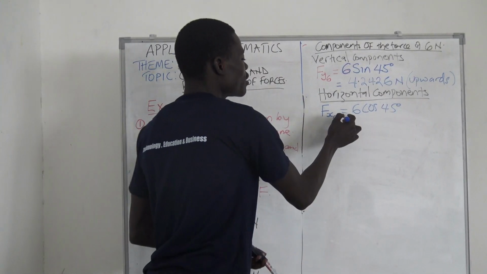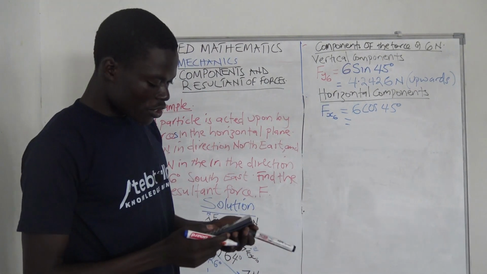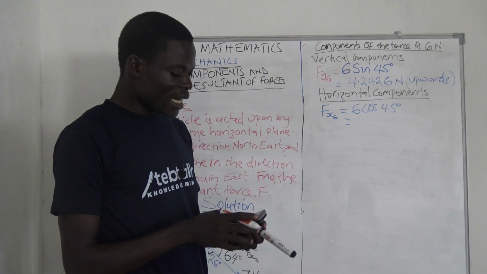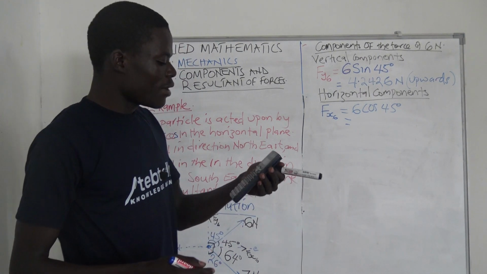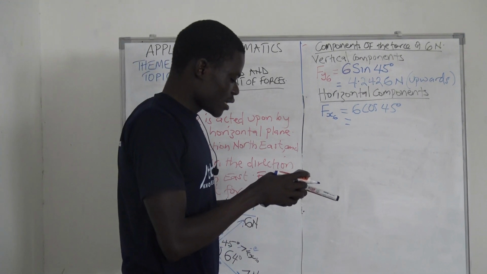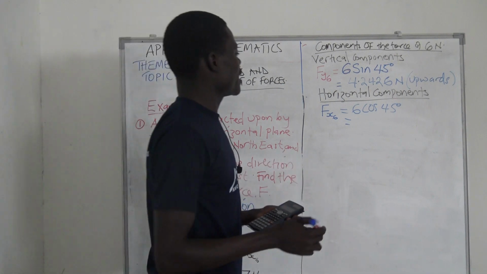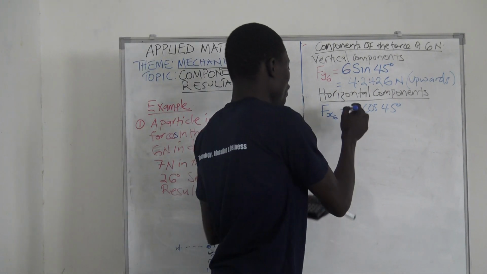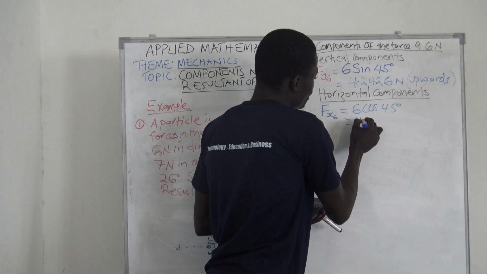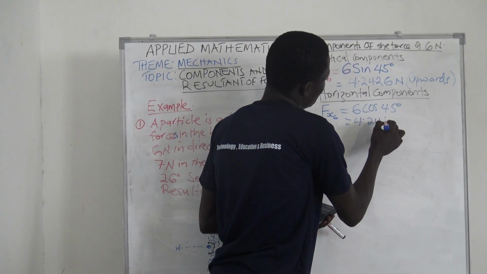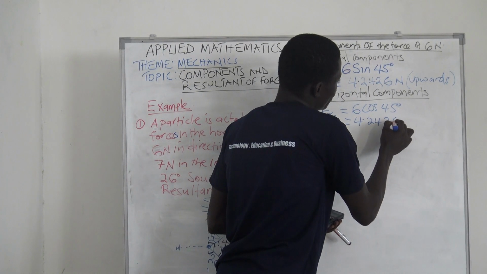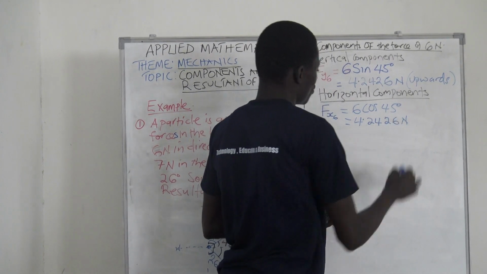So use your calculator to get that answer: get 6 and then multiply by cos 45. The answer we are getting is the same, which is 4.2426 Newtons.